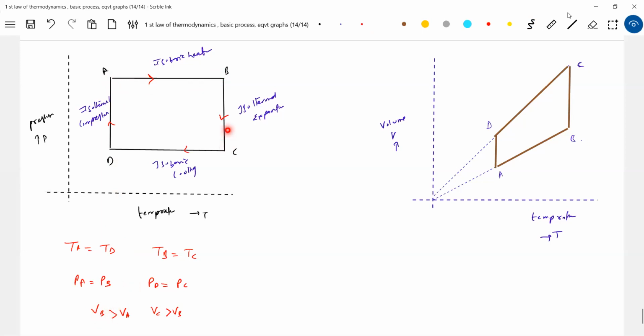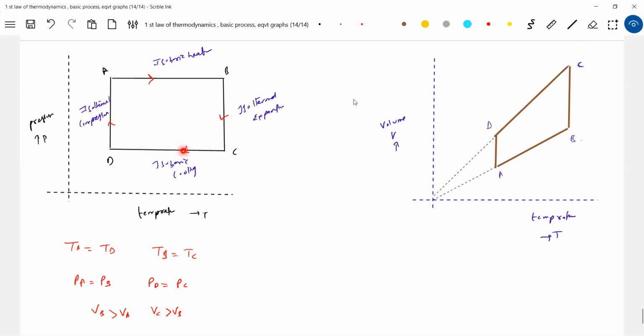Okay, now come to isothermal expansion. In isothermal expansion, temperature will be constant, TB equals TC, but volume will increase, so VC is greater than VB. In isobaric cooling, pressure is constant, so as temperature decreases, volume should decrease.